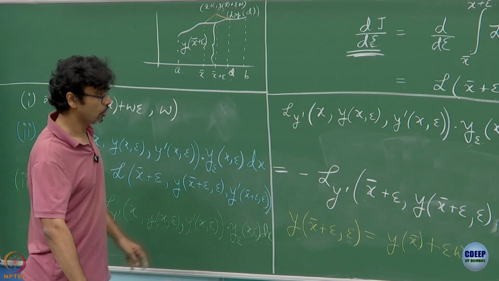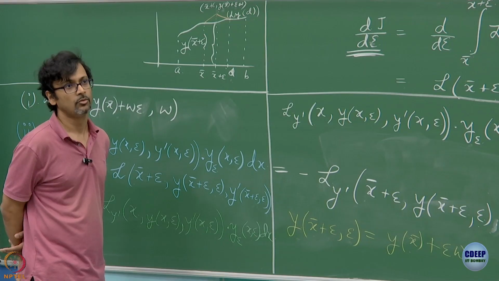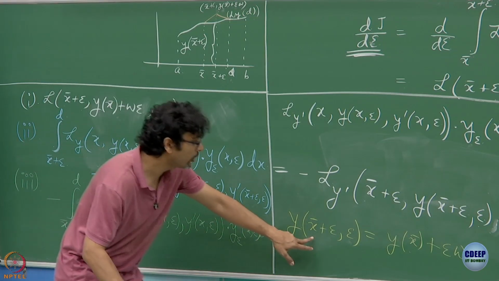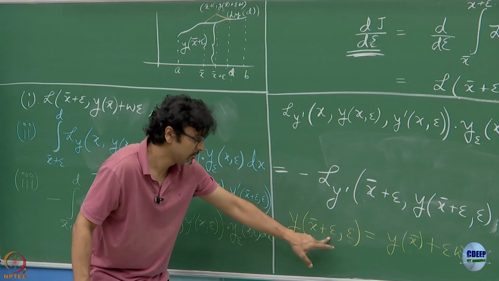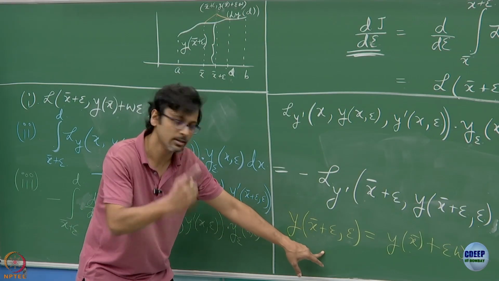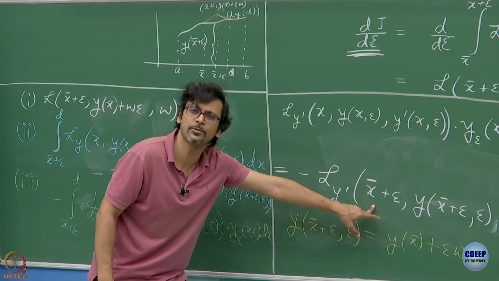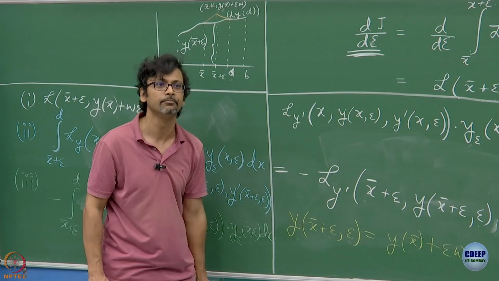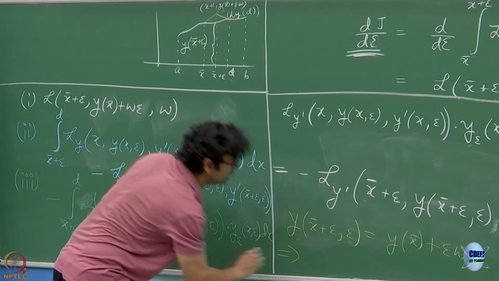So if you now take d/d epsilon of this, you have to account for the partial with respect to the first argument times the derivative of x bar plus epsilon with respect to epsilon, which is 1, and the partial with respect to the second argument times the derivative of epsilon with respect to epsilon, which is again 1. So, what does this lead to?